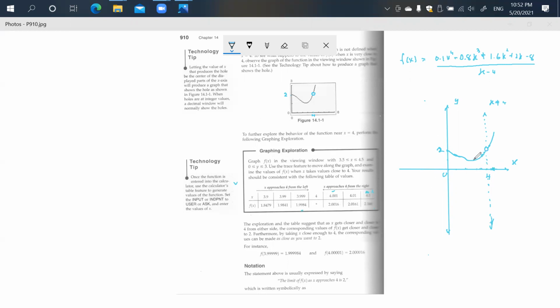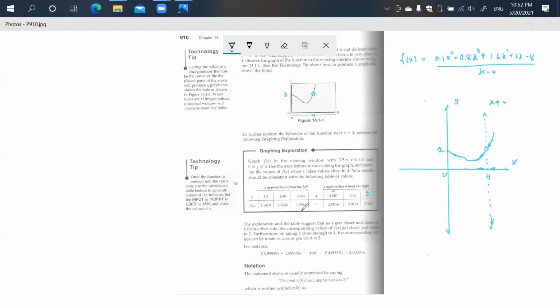So you can see when x approaches this one from the left and from the right, getting closer to the x here, the value of y is really close to the open dot here, but never ever touches, just approaches closer and closer to x equals 4.